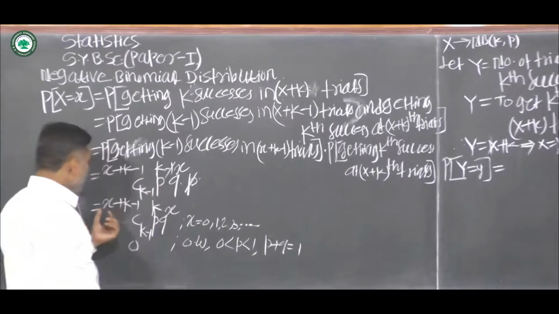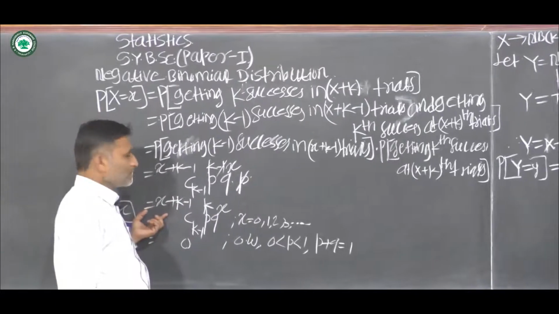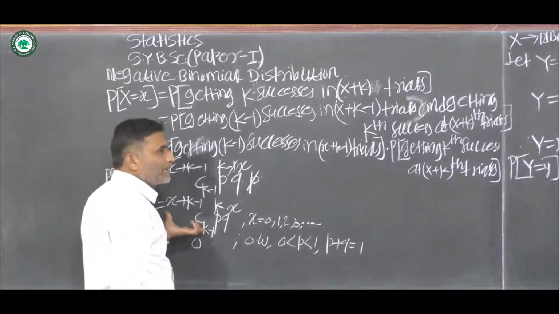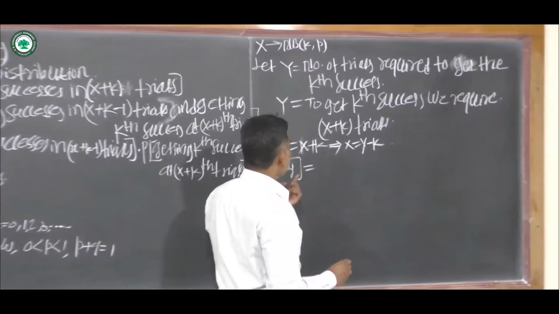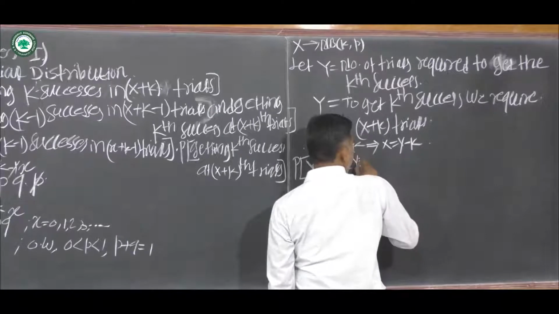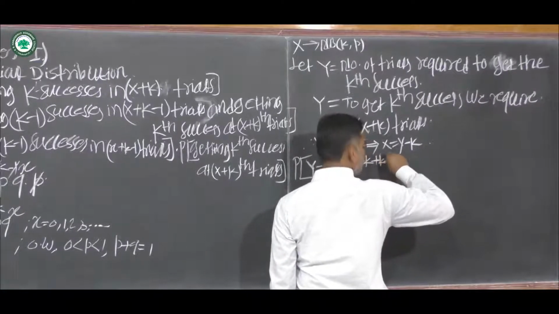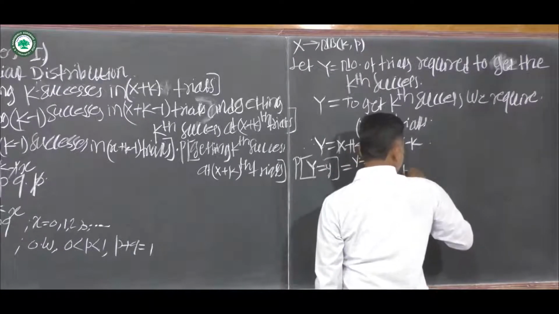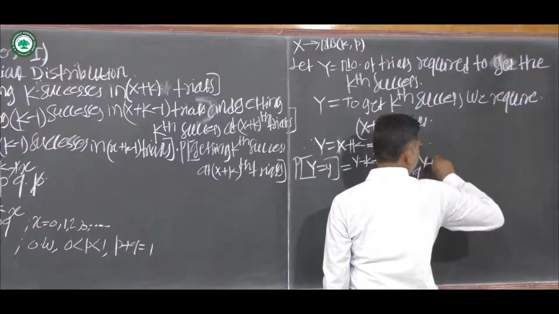Now in this probability mass function, we substitute the value of x equal to y minus k, and then we write this probability mass function as probability of y equal to small y, which is equal to y minus k plus k minus 1 c k minus 1 into p raised to k into q raised to y minus k.